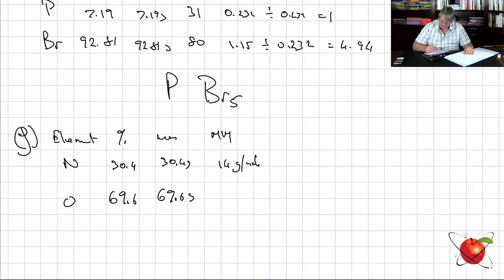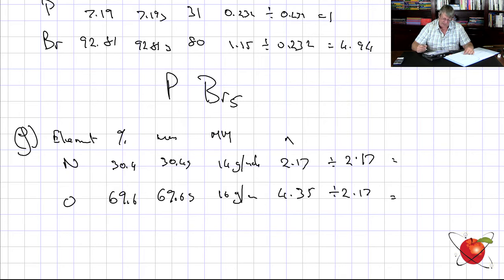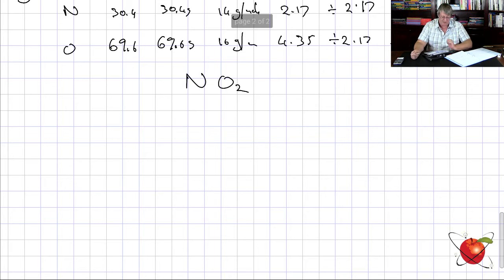And oxygen, 16 grams per mole. The number of moles is 2.17 and 4.35. Divide by 2.17. And we get over here 1 and 2. So therefore it's going to be NO2. Okay? And then we're now moving on to question 27. All right? Question 27. Those are quite straightforward, aren't they? Okay, to work out those.